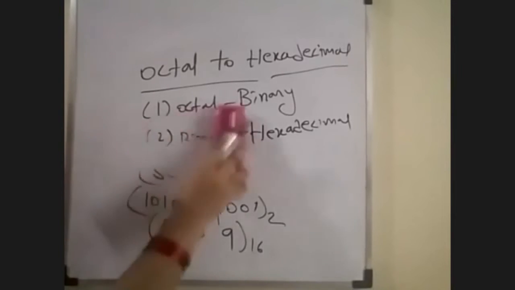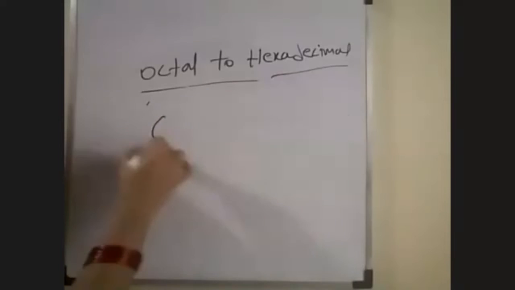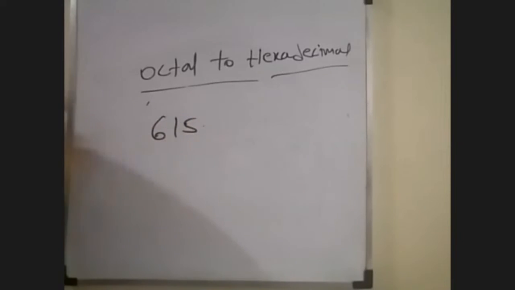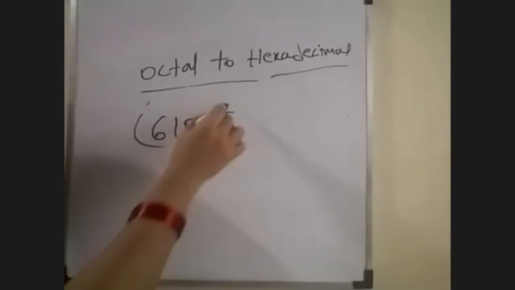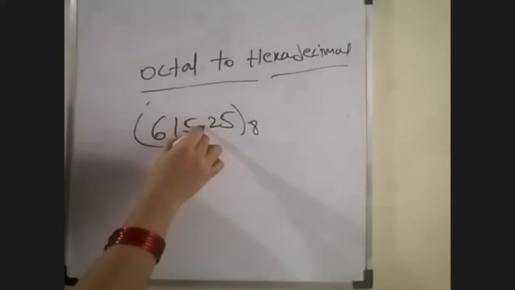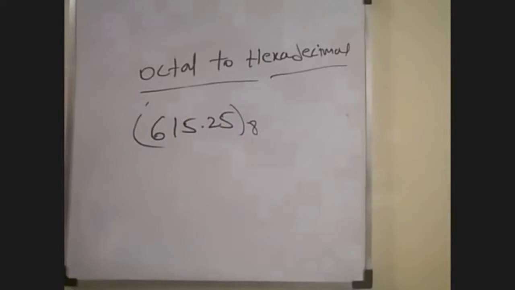Next, 615.25. Tell me what is the hexadecimal value? 615.25 is the octal number, convert into hexadecimal. 18D.54.